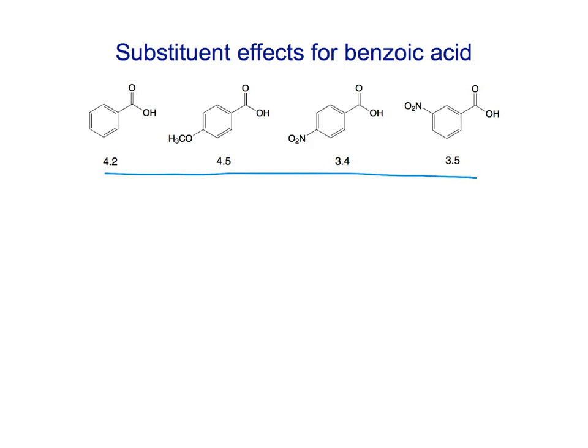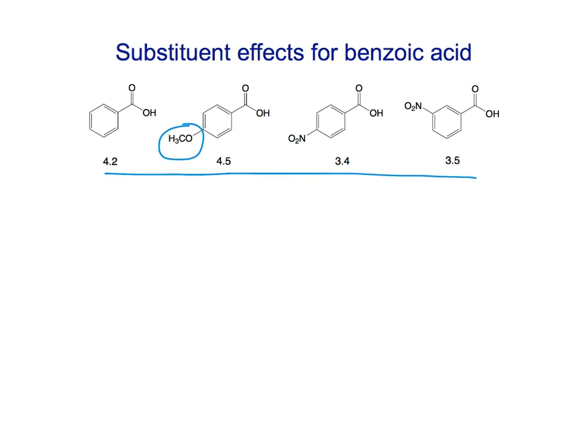Let's look at these substituents and think about what they could do to the electron density of the ring. We'll work through this and then you guys can chime in. So here's an ether, a methoxy group. What do we think of that? We just have to think back to the effects on benzene reactivity.